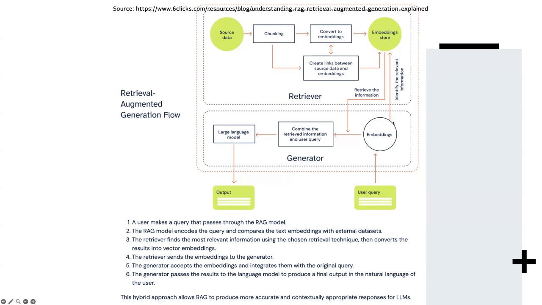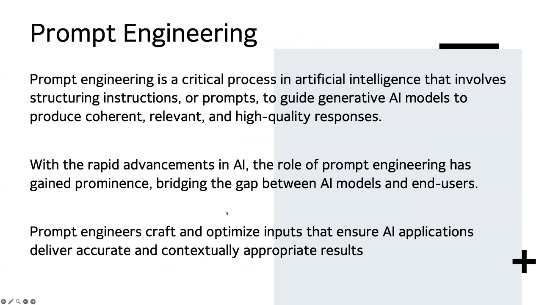When the query becomes an embedding vector and goes to the store, it retrieves the information, combines the retrieved information and the user query here, and sends it to the LLM to make the response. And it makes the output and we see that output.